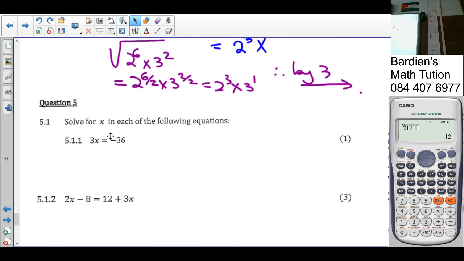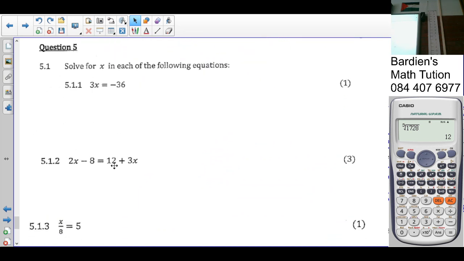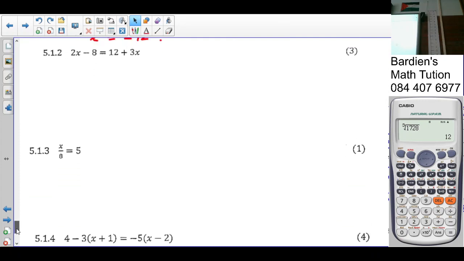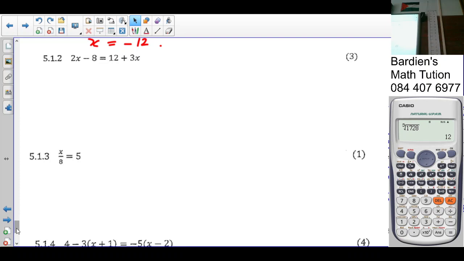In question 5, the question says solve for x in each of the following equations. 5.1, what do I do first here? Divide by 3 both sides. Yes, sir. So x is equal to negative 12. You all okay with that? Yes. The next question. Definitely x is one side, numbers the other side.